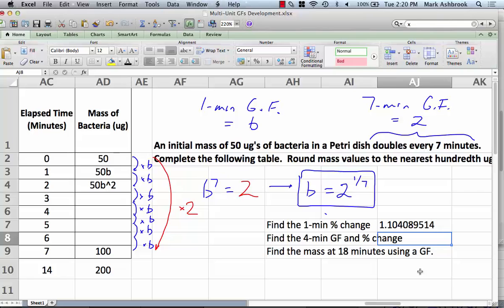So what's the percent change? The 1-minute percent change. 10.4%, right? So for the first one, you should have gotten that the growth factor 2 to the 1/7 is 1.104 for a percent change of 10.4%.